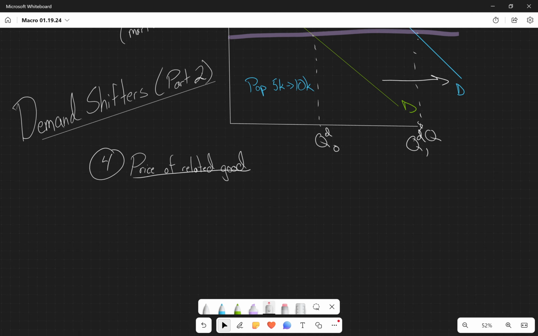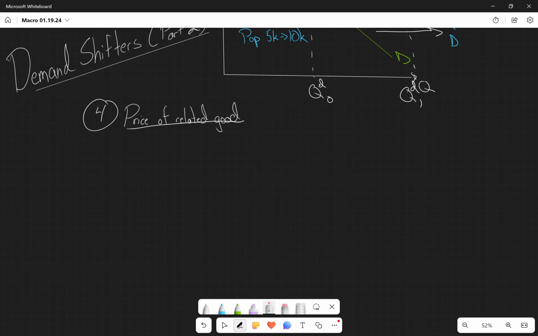So now, jumping back into the last 2 of our demand shifters, we're going to talk about the price of a related good. In a similar way to when we were talking about income, we had to split this up, we're going to split the price of related goods into 2 categories.